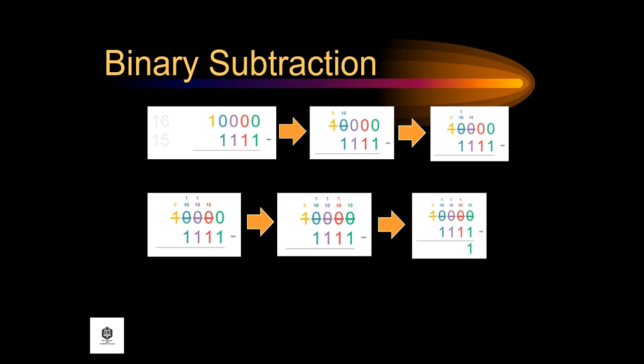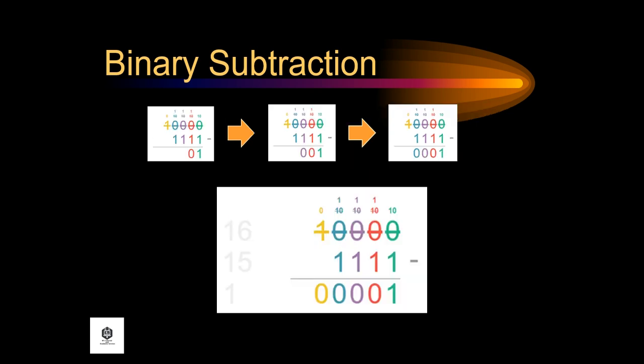The 1 becomes 0, then 0 becomes 10 for the borrow. Then proceed with the subtraction. So 0 becomes 10, minus 1 is equal to 1.